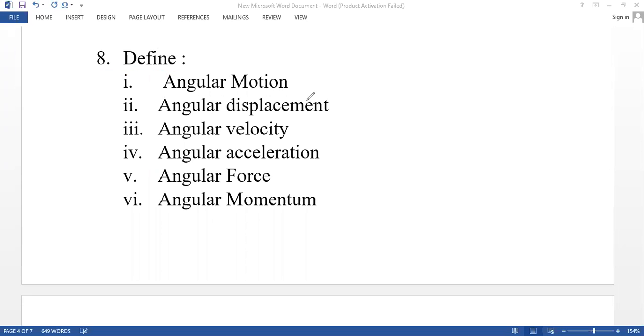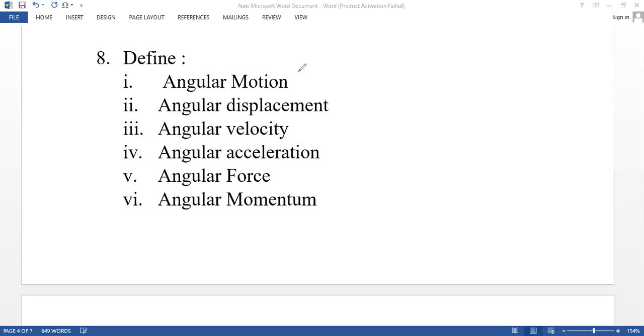Do you need more discussion about angular motion? No, sir. Okay, because it is discussed in the previous chapter.